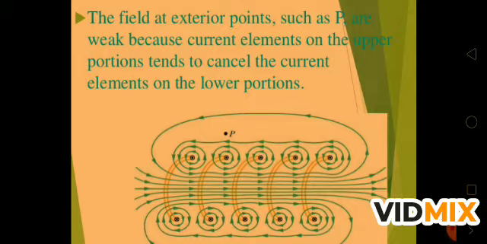The reason is, the current element means we are talking about a single loop. The current element of the upper portion cancels the current element of the lower portion. That's why the field outside the solenoid is weak.